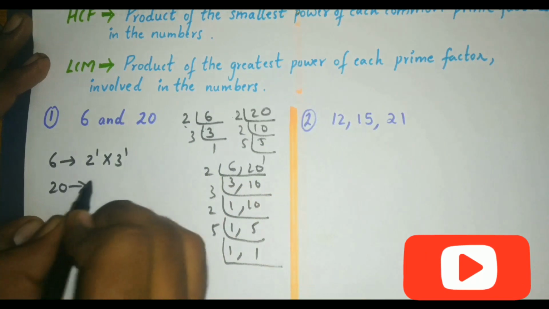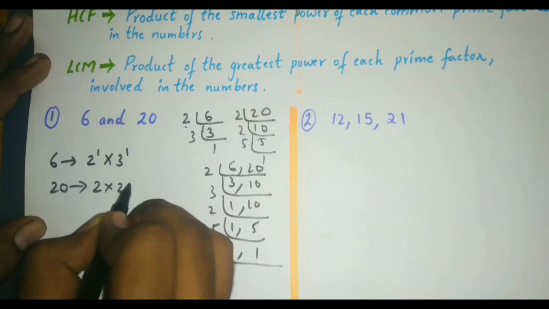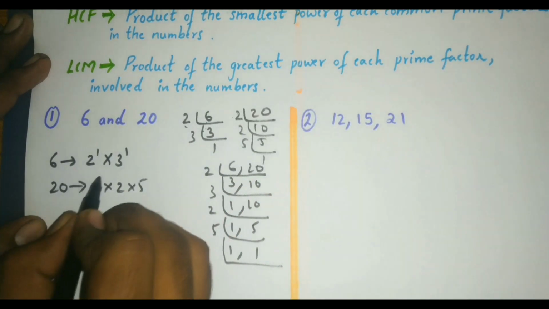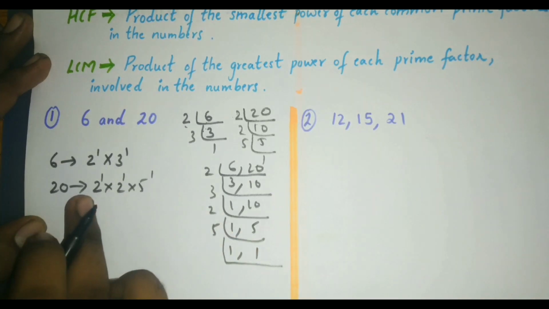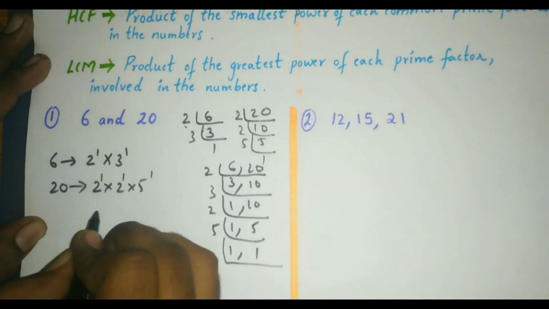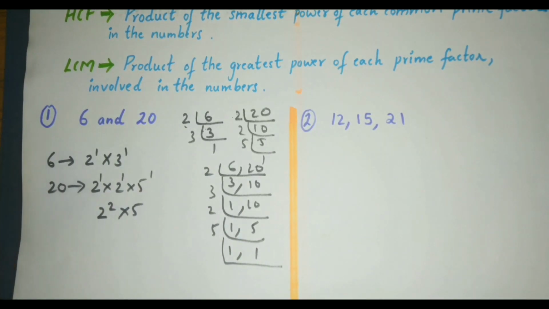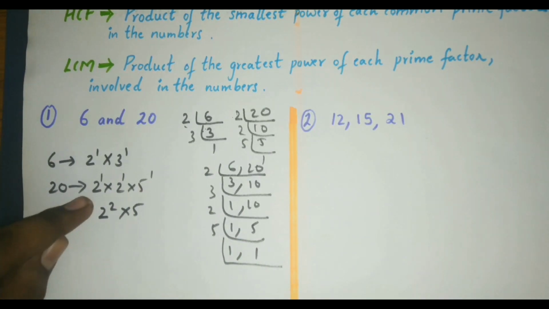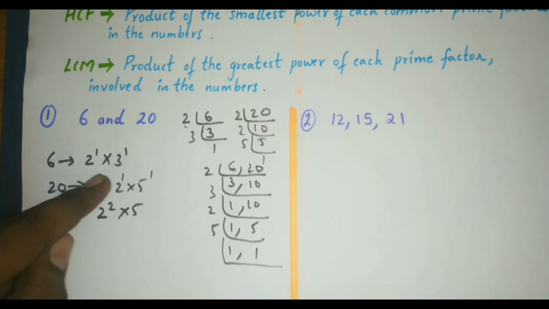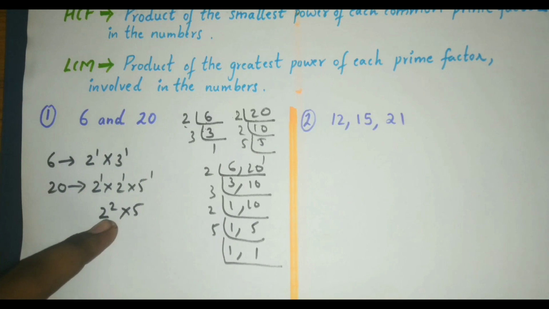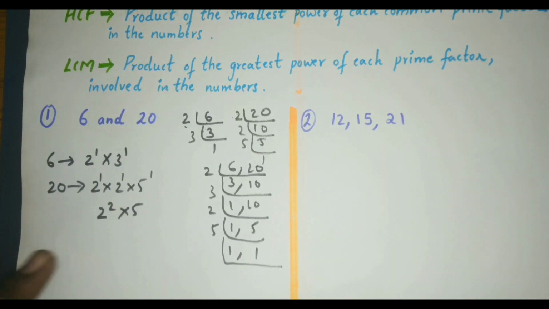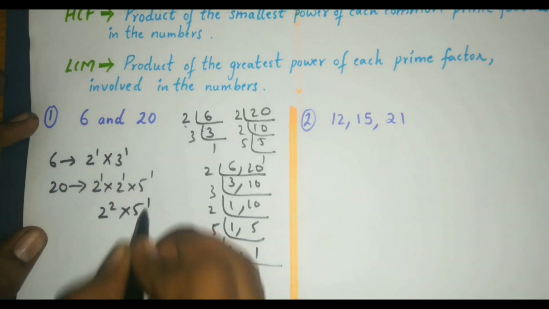Since 2 power 1 into 2 power 1 adds the powers, 1 plus 1 is 2, we get 2 power 2. So 20 is 2 power 2 into 5 power 1.